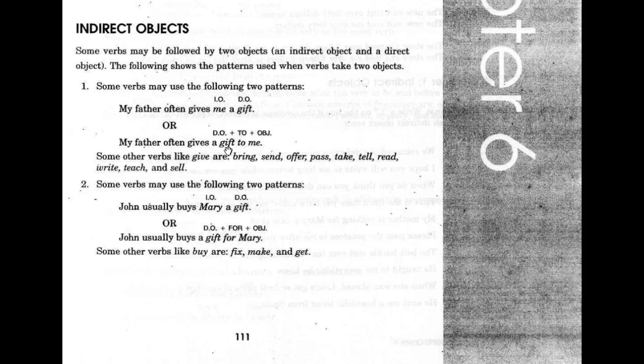Now, the gift itself receives the action from the father. It gives gift. So that's why it's a direct object. And the article indicates how many gifts? A gift, one gift. Or I could say the father gives two gifts, of course using the conjugation of that.